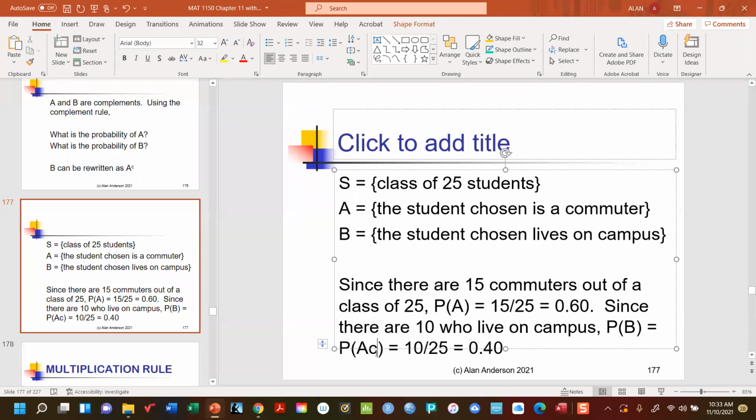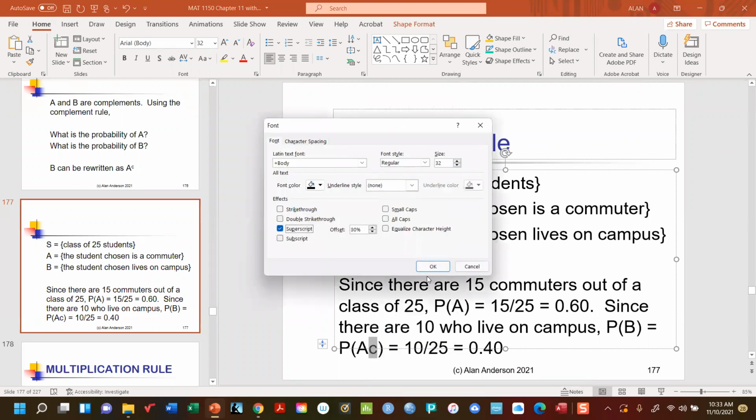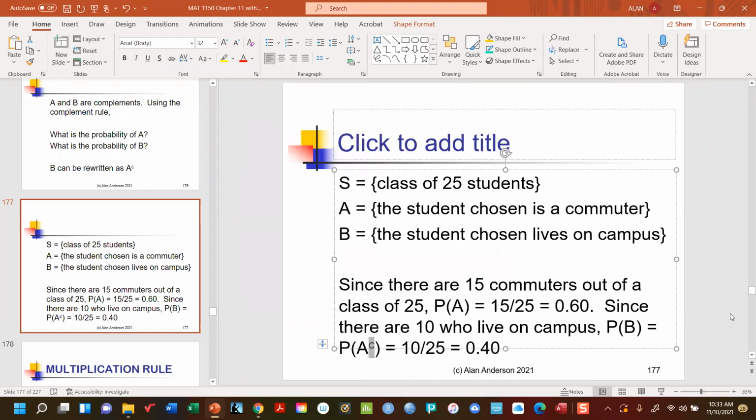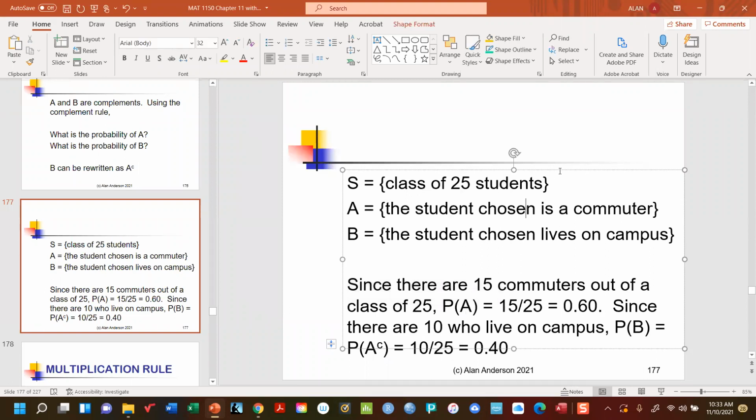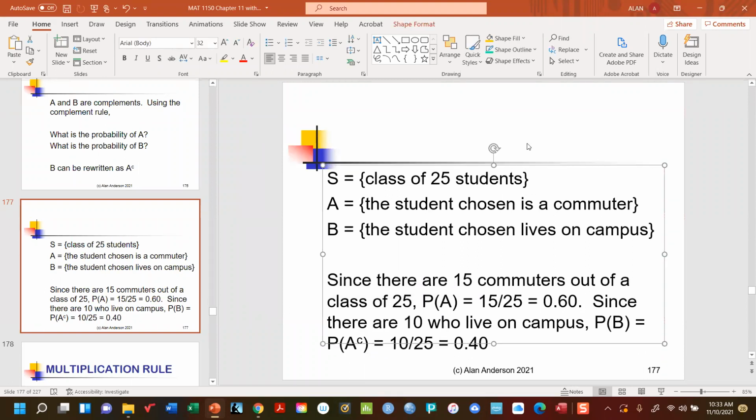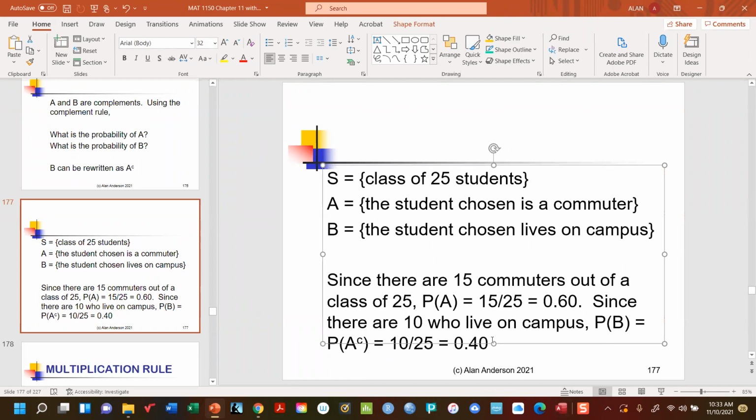What we're basically going to do is show that the complement rule works in these cases. By the way, in a lot of cases, you might be given different kinds of information. In this case, we don't really have to use the complement rule. We can figure it out for ourselves because it's simple and straightforward.